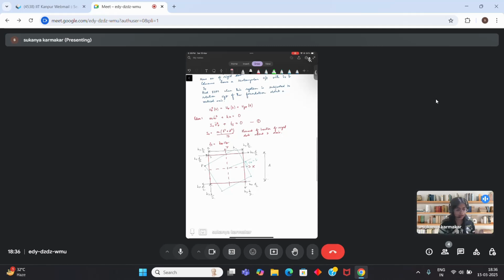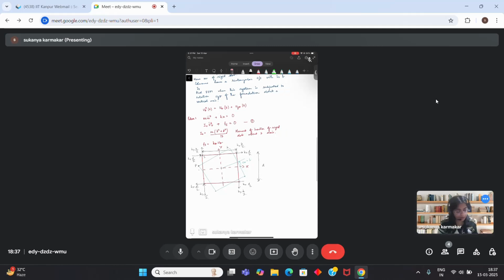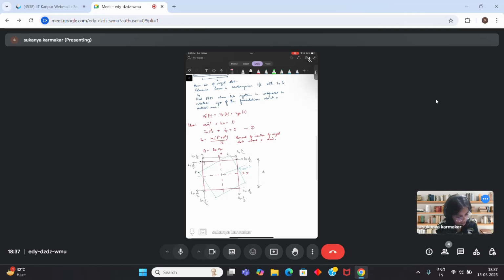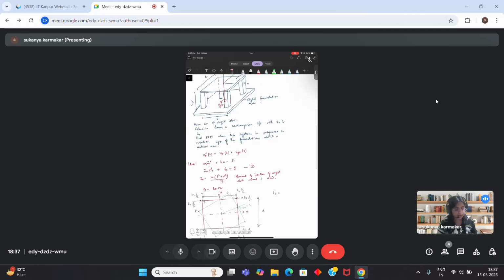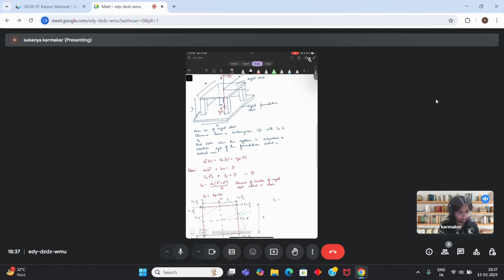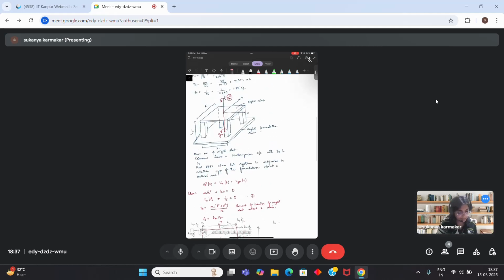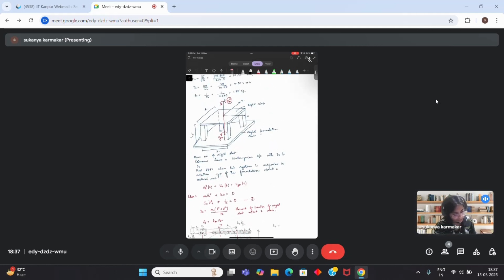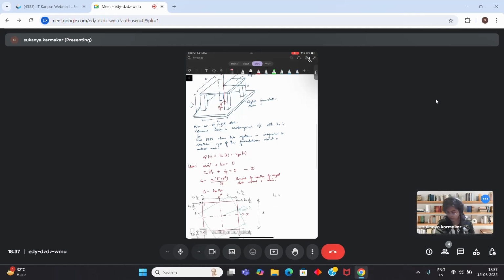Now what are kx and ky? Kx and ky are the stiffness of the column in that direction. It's a column fixed at both ends, and it is a rectangular column with moments of inertia Ix and Iy.